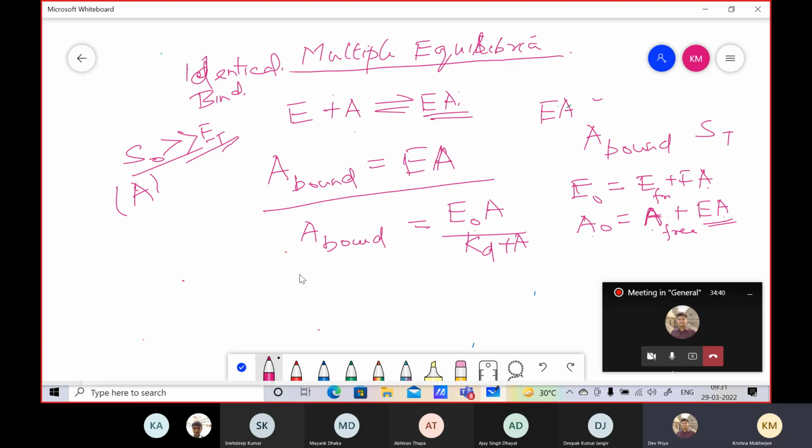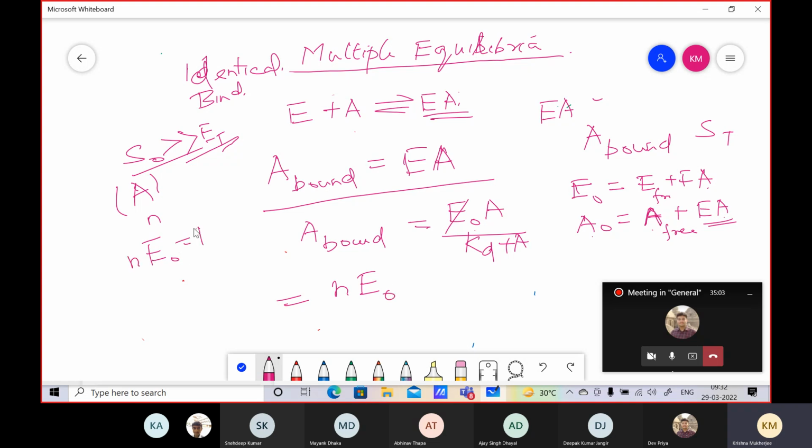If there are multiple sites, each E naught has n sites, so what will A bound be equal to? n E naught. Let me call it F. F is the number of sites, which is n into E naught.